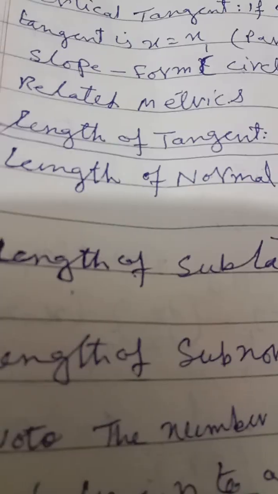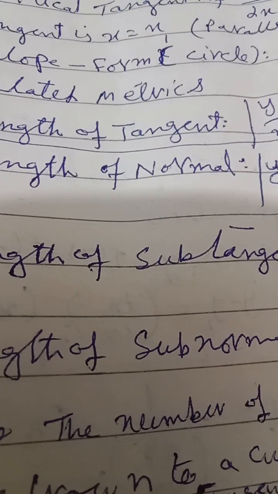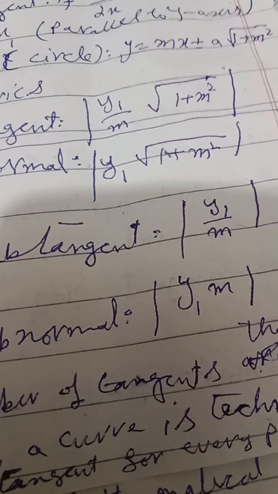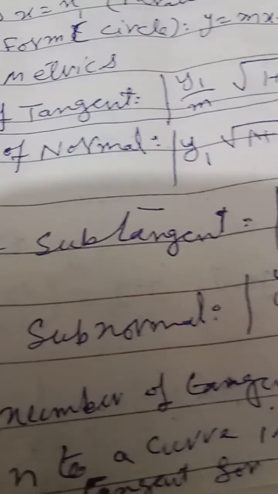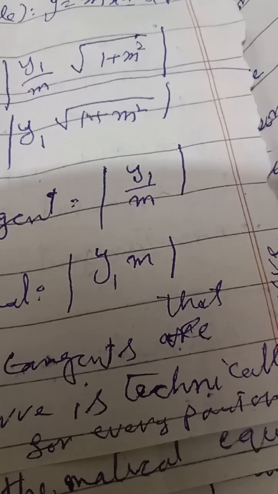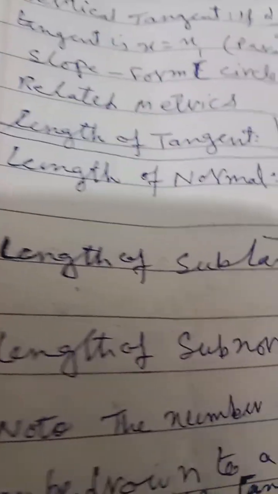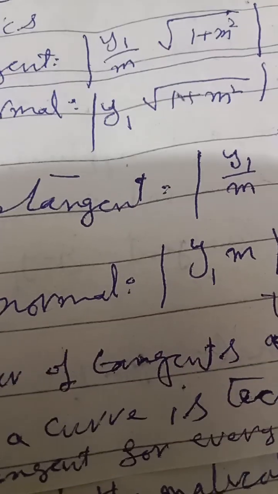Length of normal is magnitude of y1 times square root of 1 plus m square. Length of subtangent is equal to mod of y1 upon m. Length of subnormal is mod of y1 m.